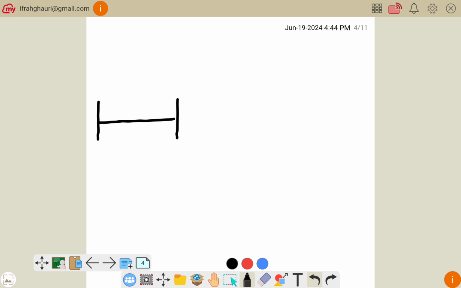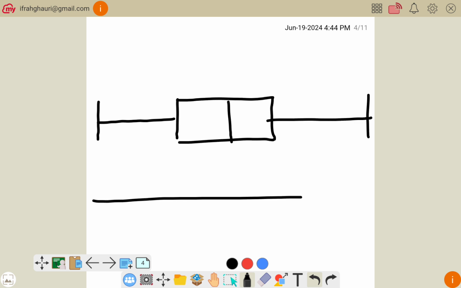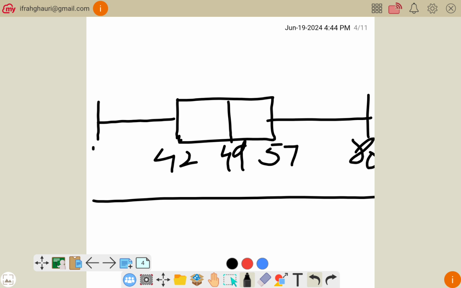Let's represent it in the form of a diagram, and here we will show the scale. This is 42, this is 49, this is 57, and the maximum value is 80. 10 is representing the minimum value, 80 is representing the maximum value, 42 is representing the lower quartile, which is Q1, 57 is representing the upper quartile, which is Q3, and 49 is representing the median.